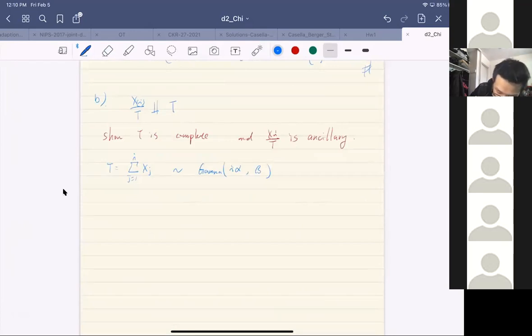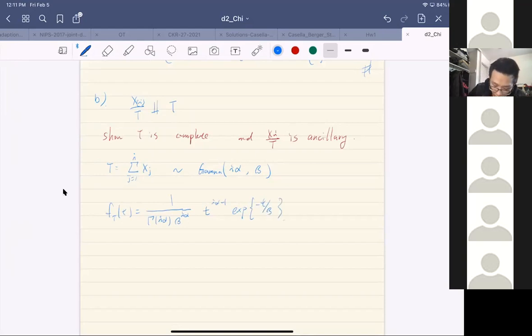And we can use the density. So the density of T is equal to, with gamma of I alpha and beta to the I alpha, T to the power I alpha minus 1, and exponential of negative T divided by beta.